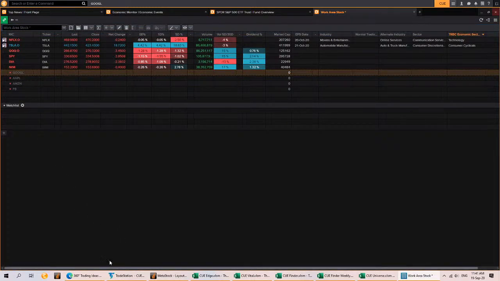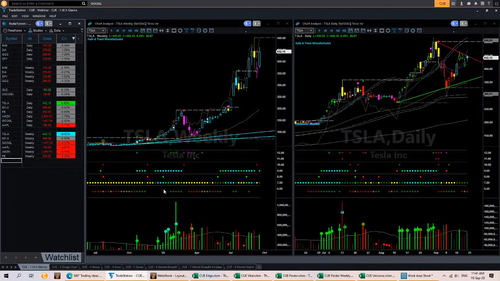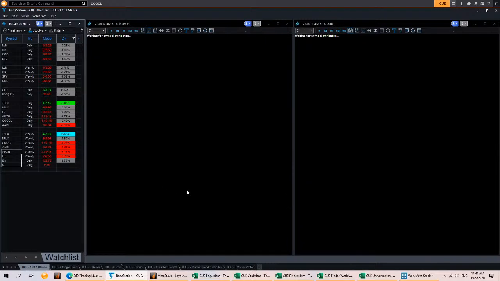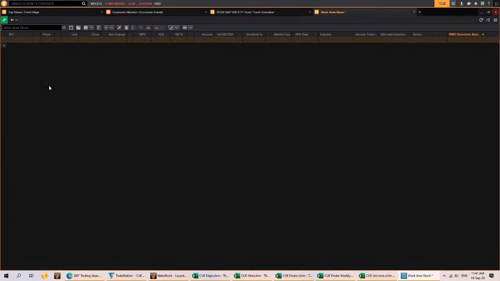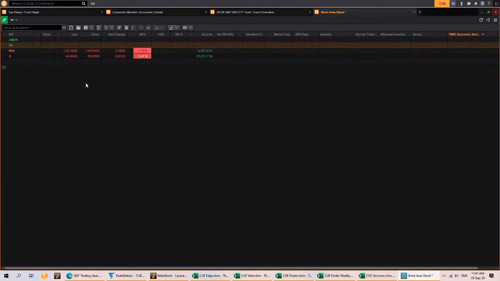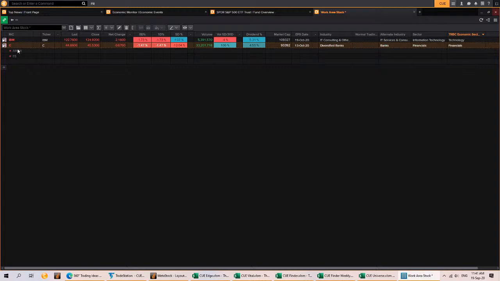If my symbols included items like IBM or Citibank, for example, let me copy Amazon, Facebook, IBM, Citibank now. Come here, delete everything, paste. You can see that for IBM and Citibank, it is not showing the cross, meaning the ticker symbol is the same as the Reuters symbol.